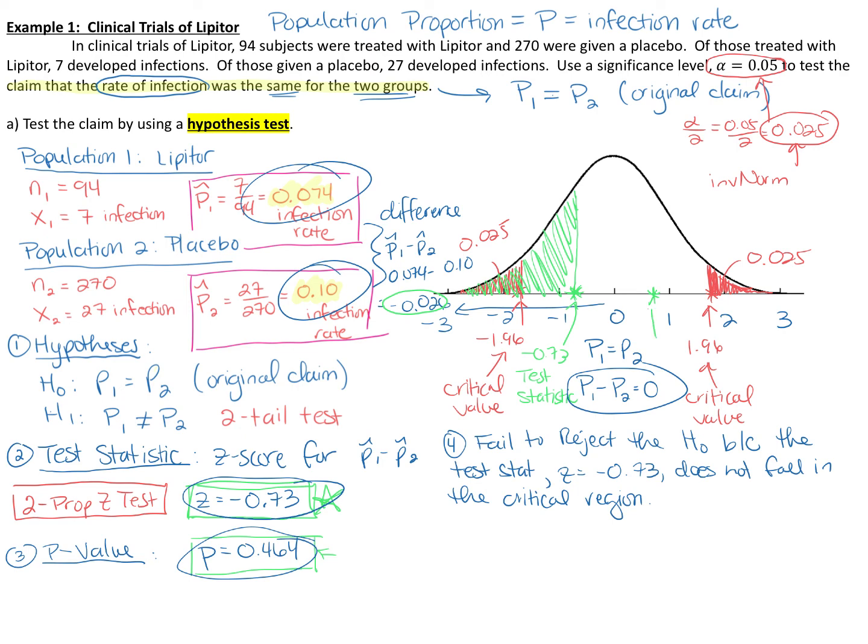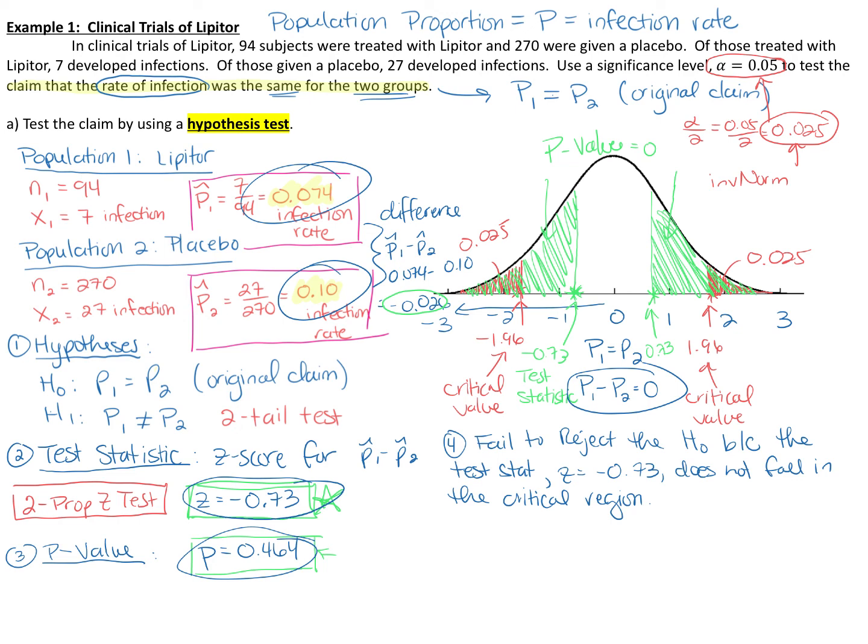I'm going to mark on the right-hand side where 0.73 is, and then shade in that area to the right. This green shaded area is the probability of getting a difference in our two p hat 1 and p hat 2 values, or a value that is at least as extreme as the one that we got from our sample. You can see here visually that this p-value is relatively large.